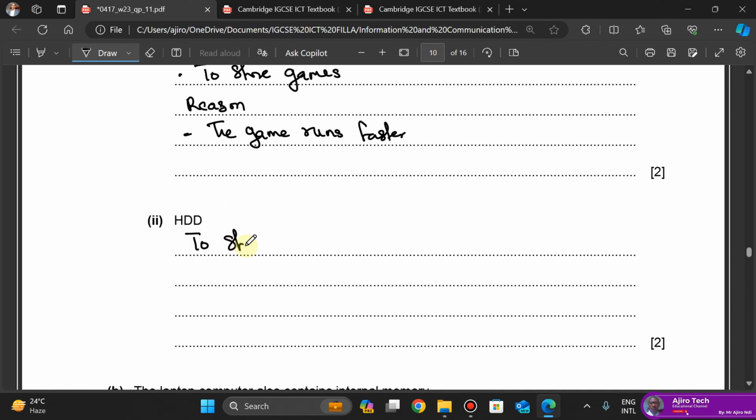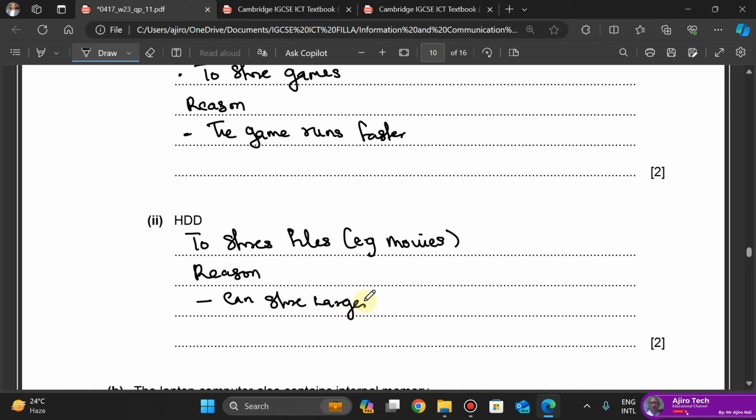An example could be movies. Yes, I know you guys love movies. So what's the reason of my choice? It can store larger files.